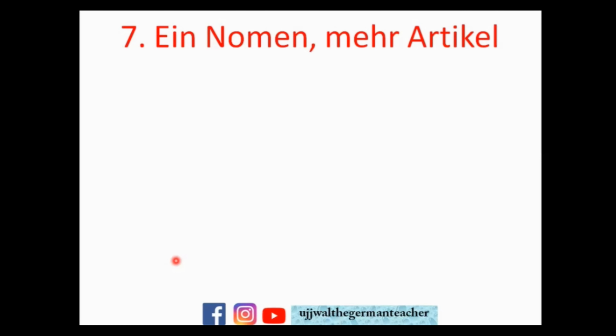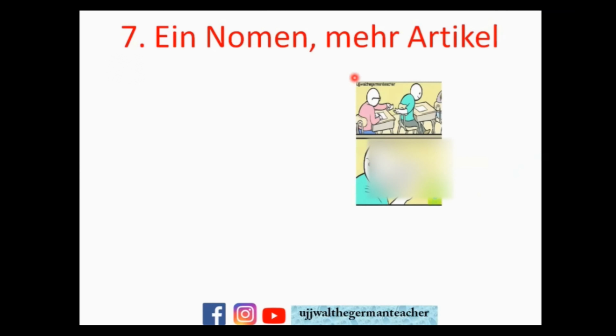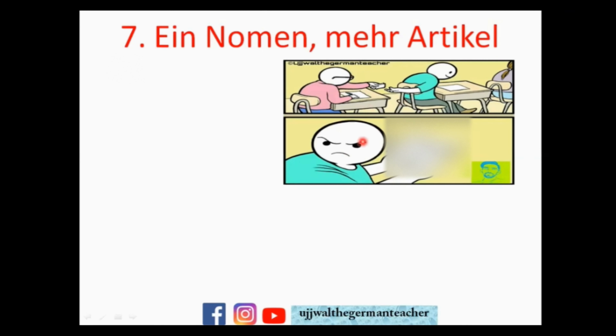Now we are here. So the seventh one is Ein Nomen, mehr Artikel. Okay, so what is it about? So you have an article that's dedicated to some noun. So every noun has one article or gender associated with it. Why here do we have mehr Artikel, more articles? So this meme, if you have seen, I made it and I uploaded it on Instagram and Facebook also, right?